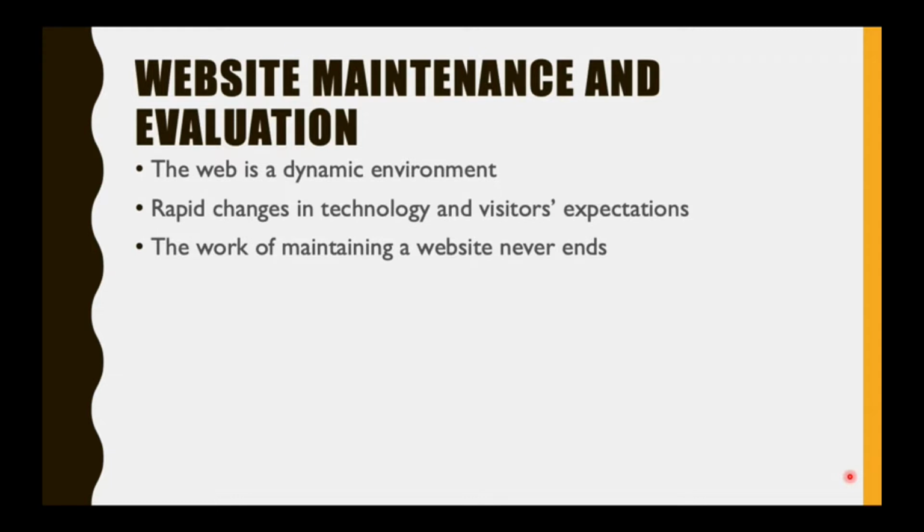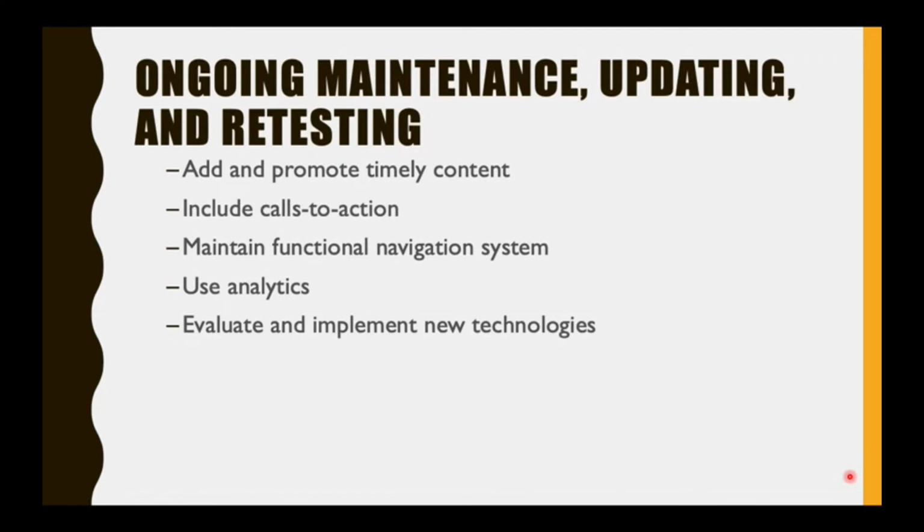We do have different expectations for different types of media, but for the web, everyone expects it to be timely and up to date. So you've got to always add and promote timely content, things that are current, and include new calls to action. Again, you need things to be changing. There has to be a reason to come back. If people keep coming back and everything's exactly the same, then they're going to stop coming.